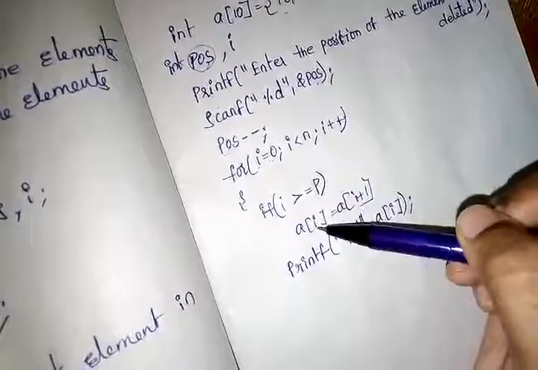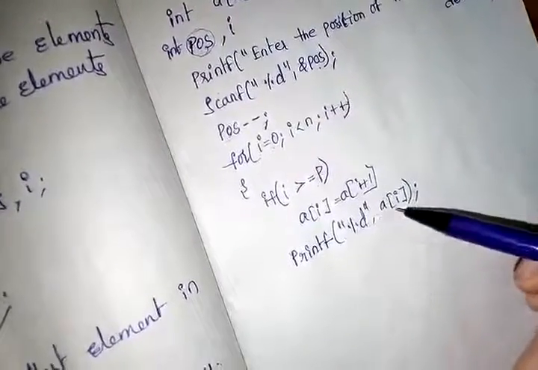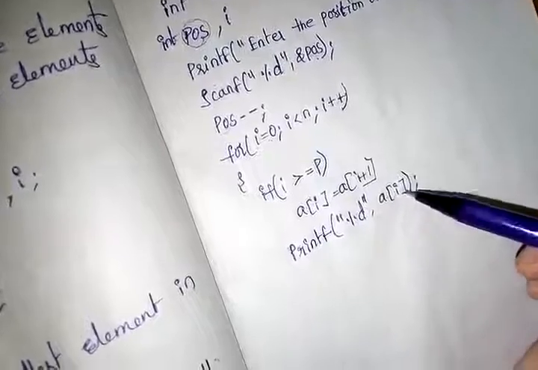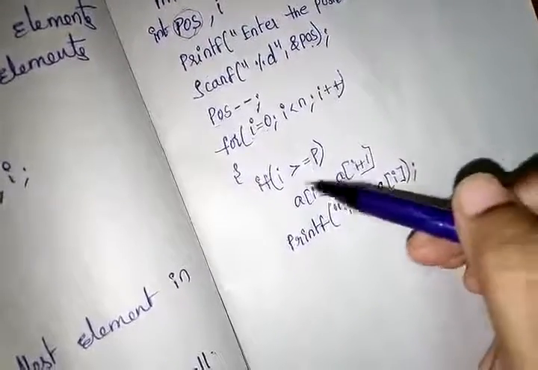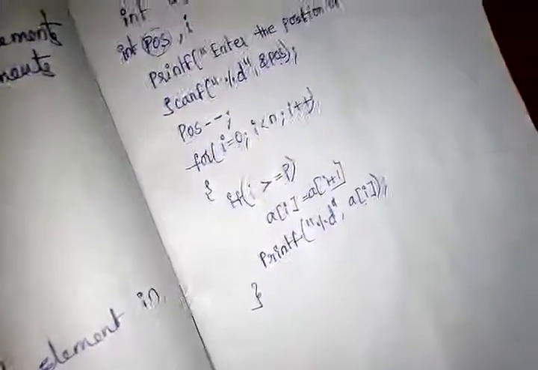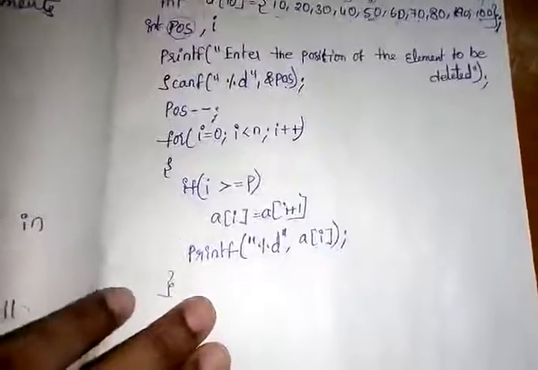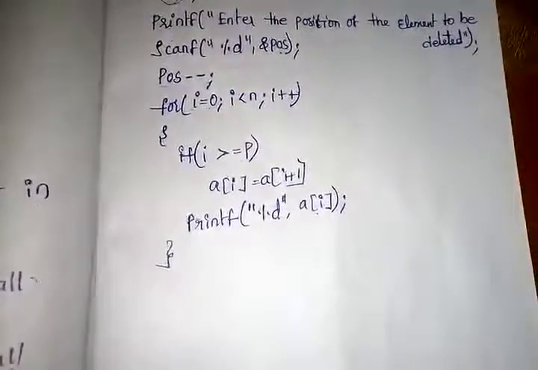Then in the fourth index, the fifth index element will be assigned, so you will be printing a of i, the fifth index element, leaving the fourth index element. So likewise you can delete an element from the array.